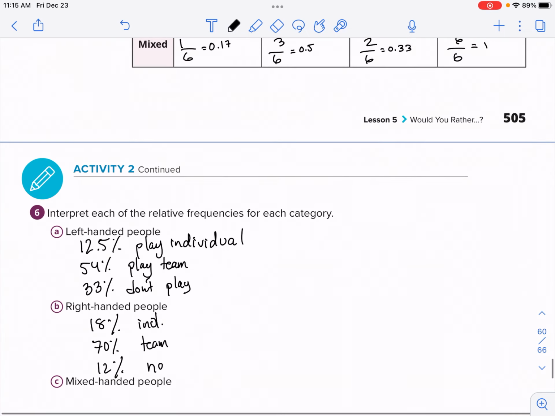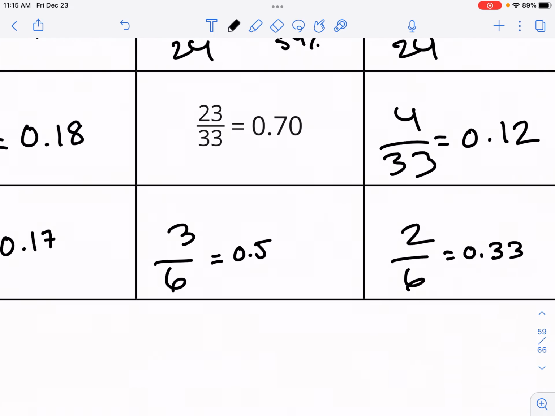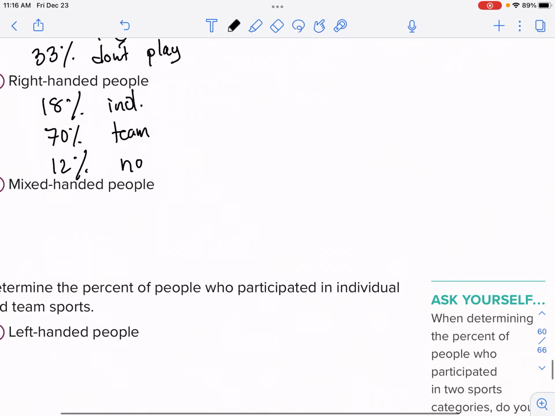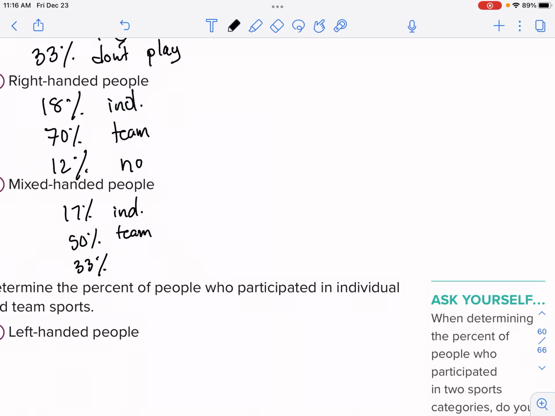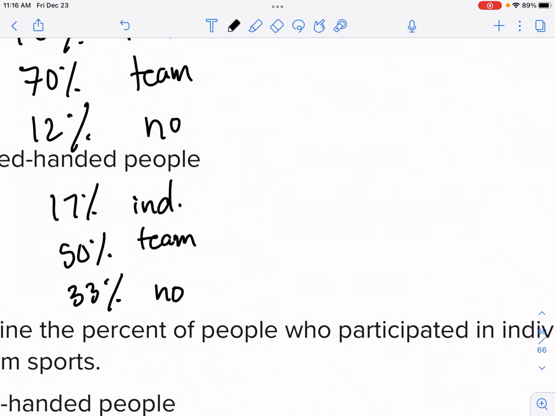And then mixed, it is 17 for individual, 50% for team, and 33% for no. Oops, not 12%, 33% play no.